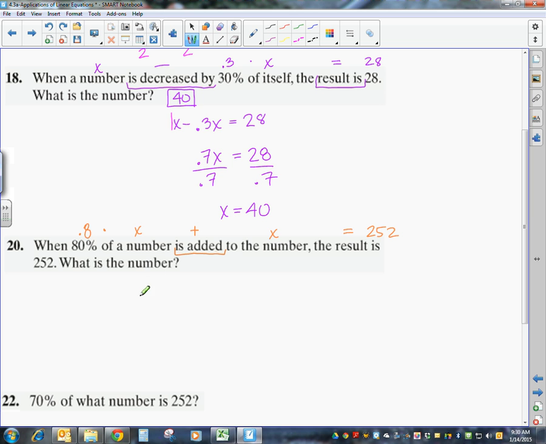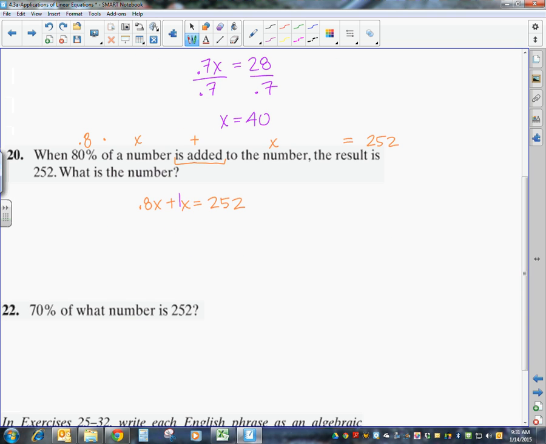So my equation is going to be 0.8x plus x equals 252. And just like we said, there's a 1 in front of that. So 0.8 plus 1 is, of course, 1.8x equal to 252. And I'm going to divide both sides by 1.8.